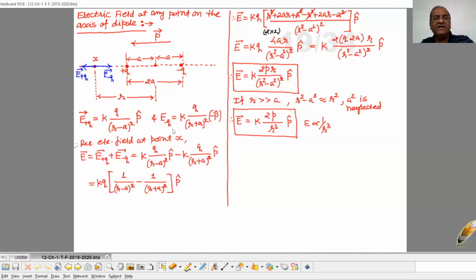Then afterwards E minus q is equal to, again as per the equation, kq upon r square. Now the distance of point X from minus q, we can write as r plus a. So here we have to write (r plus a) square. Now the direction of this electric field is in the opposite direction of the dipole moment.